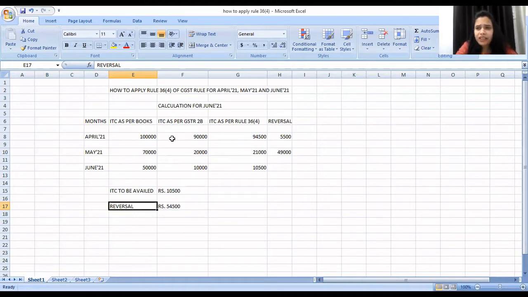So while filing GSTR 3B for April month, I have taken the ITC of rupees 1 lakh because we need not apply Rule 36 Sub Rule 4, and my GSTR 2B return was not generated while I was filing GSTR 3B because due date of GSTR 3B was not extended, but there was some relaxation in late fees of GSTR 3B.